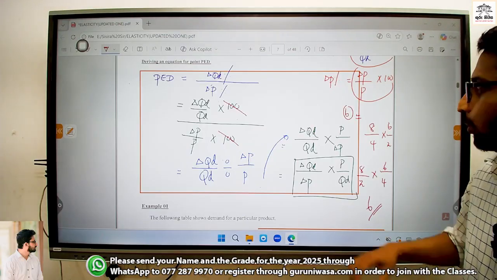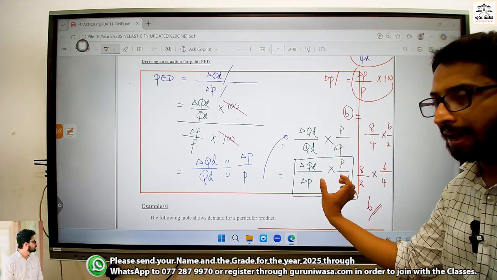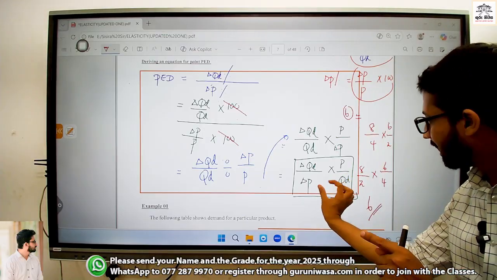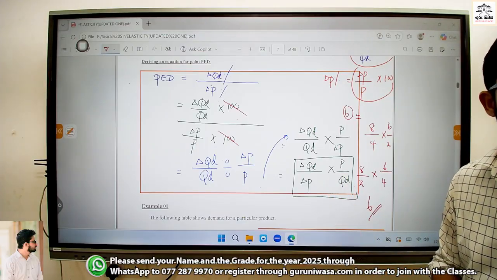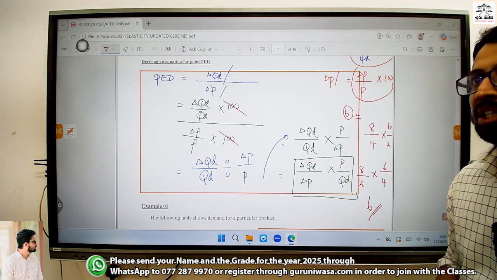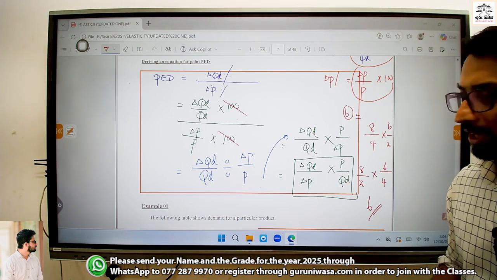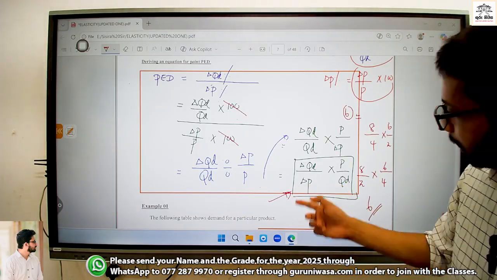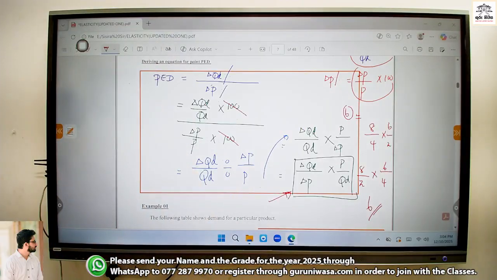So this is the original one, and I have made a small change by changing this delta P. Here there is no harm to the original answer. You get the point. So remember this equation for calculating point price elasticity. Clear? Yes, sir. Okay.